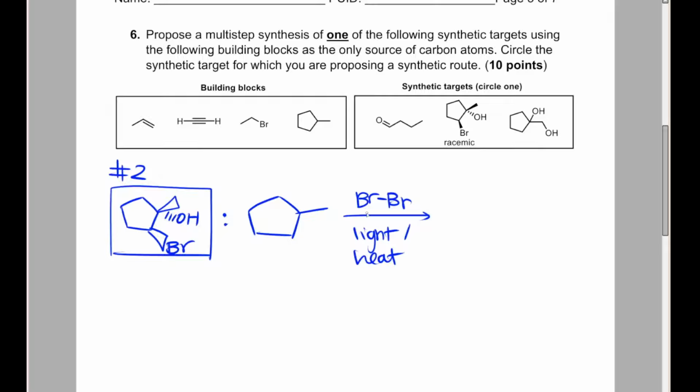So in this case, with light or heat, this dibromide will break up into 2 radicals, and then one of them will react with a hydrogen that is going to be on the more substituted carbon, because remember, we want the most stable radical possible in this entire molecule, which is going to be here, because this carbon is tertiary.